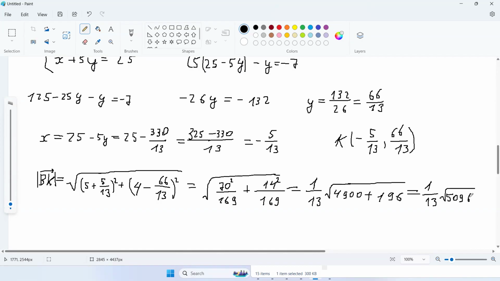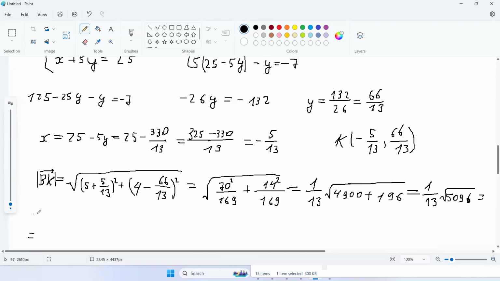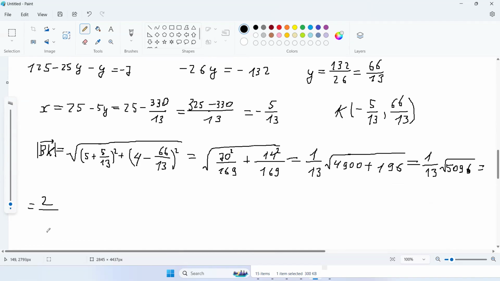Okay, so a good number. Let's extract. Oh, what can we extract? Can we divide it by 16, by the way? No, we cannot. Yeah, we can divide it by 4, so I can move it out of the square root.